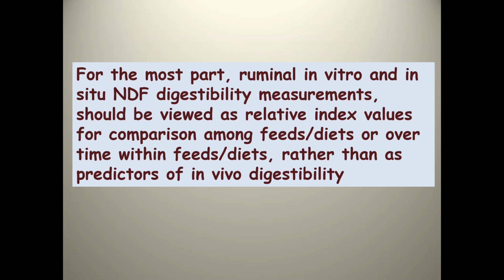Okay, so for these ruminal in vitro and in situ digestibility measures, I think the way they need to be viewed is mainly as a relative index, and they can be useful for comparing across feeds or diets. They can be useful for comparing over different times of the year within those feeds. They certainly can be used to compare across clients that a nutritionist may have, but most of them are really not very good predictors of this in-cow or in vivo type digestibility measures.